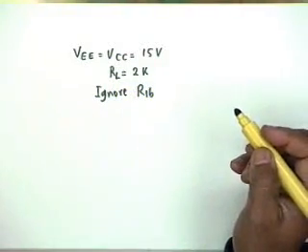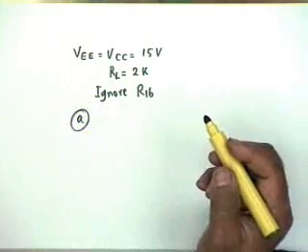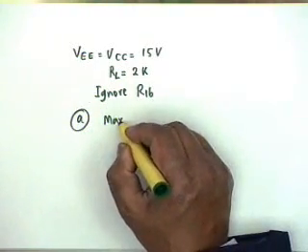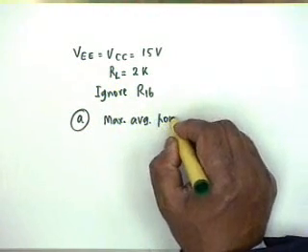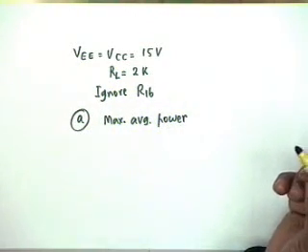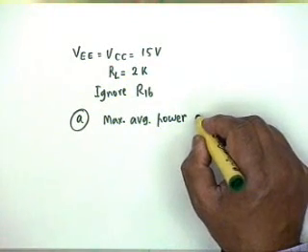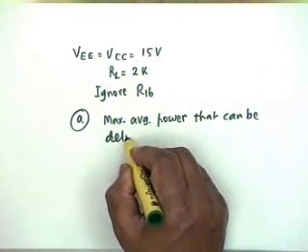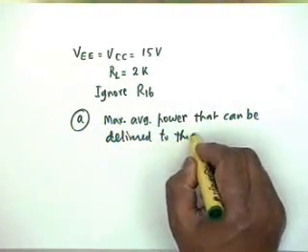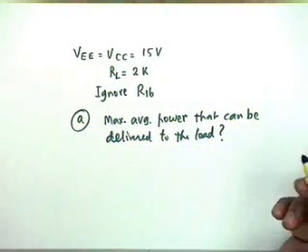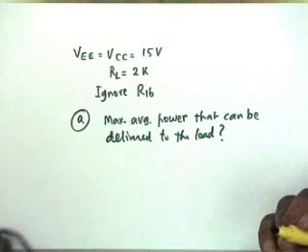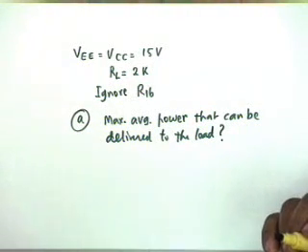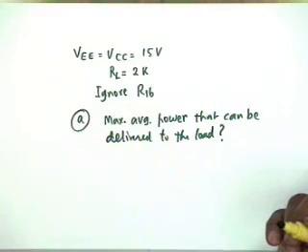The question that is asked is, what is the maximum average power that can be delivered to the load by this circuit? Okay, this answer is absolutely simple. What is the maximum swing that is permitted across the load?